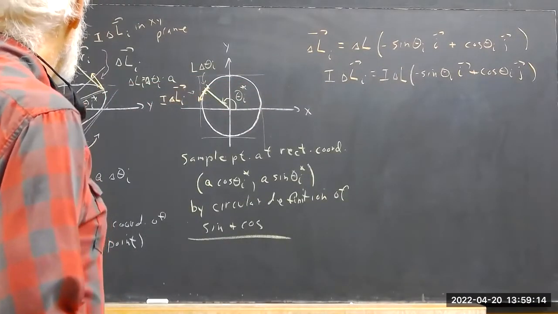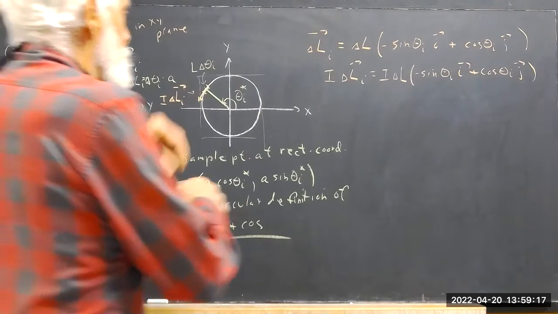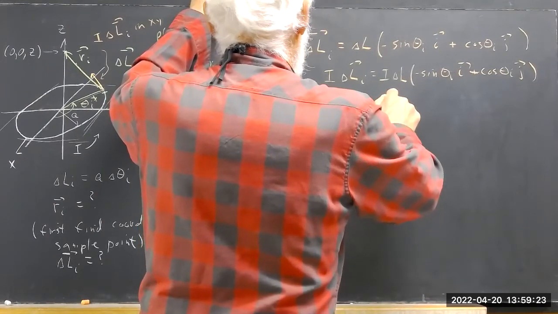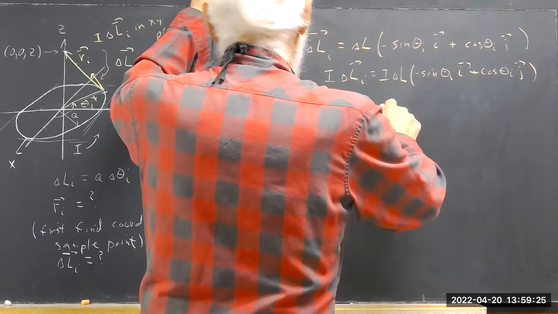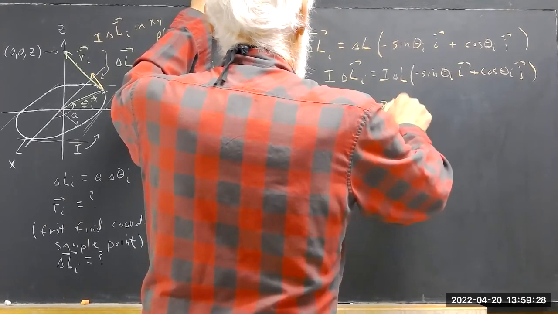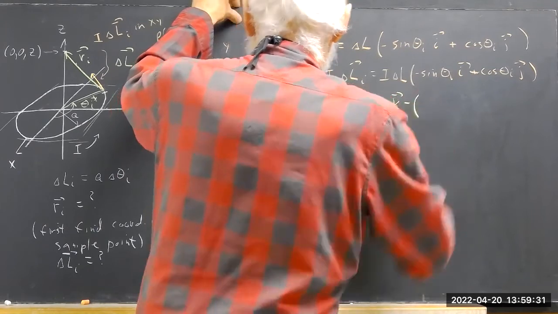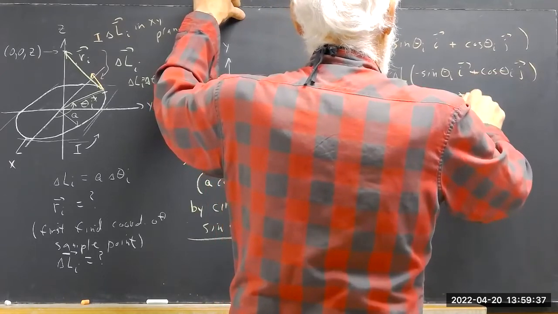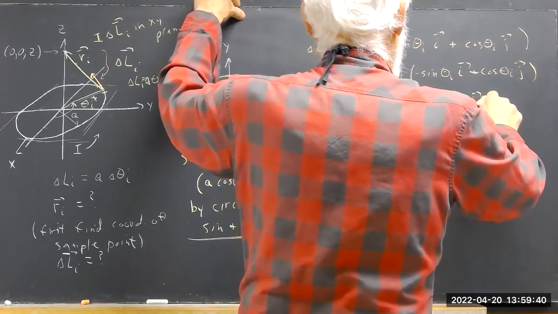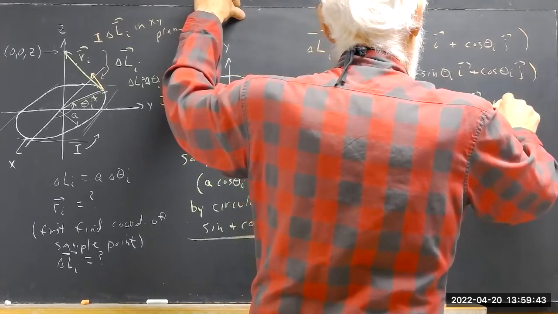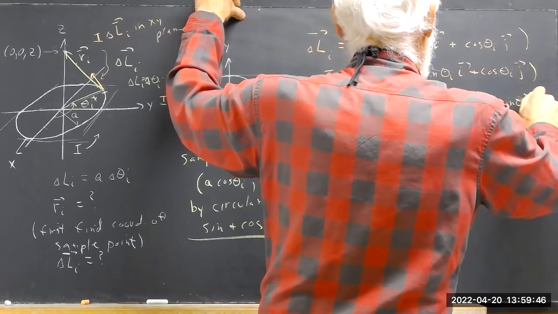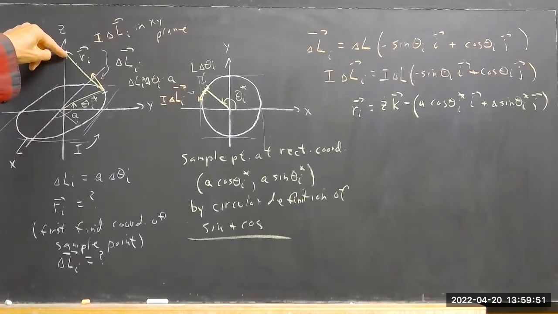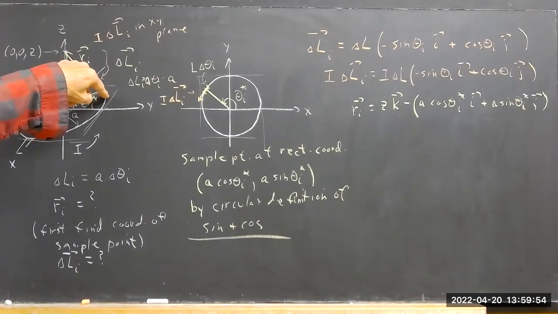Now the R vector is just, if you wish, the vector from here to here minus the vector from here to here.